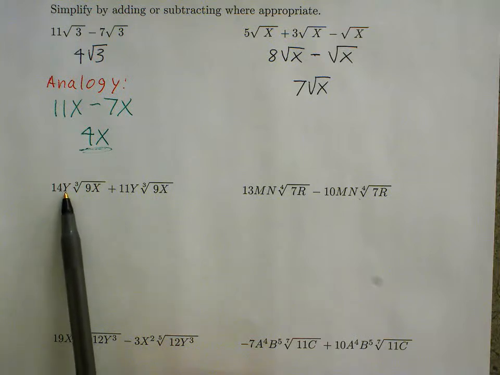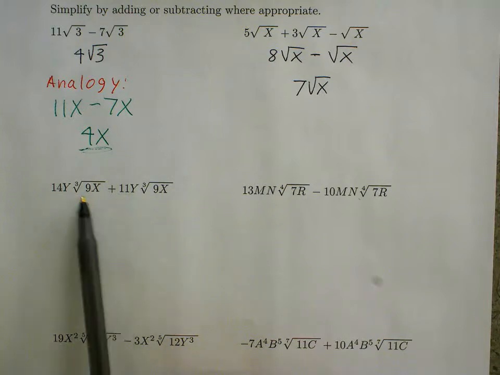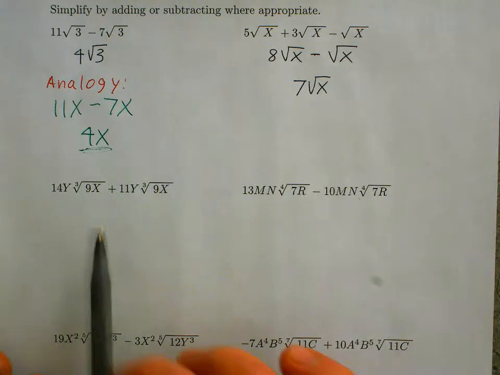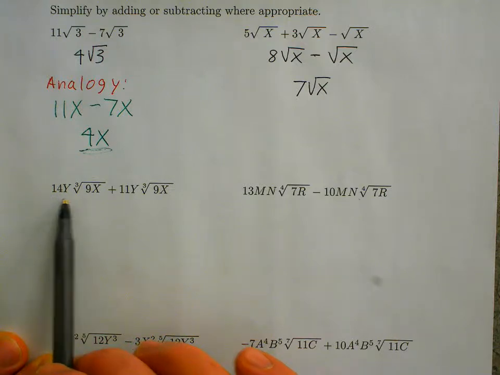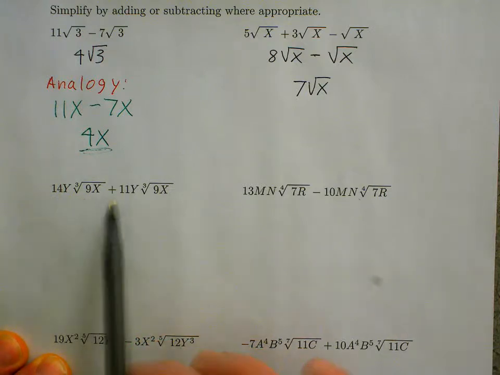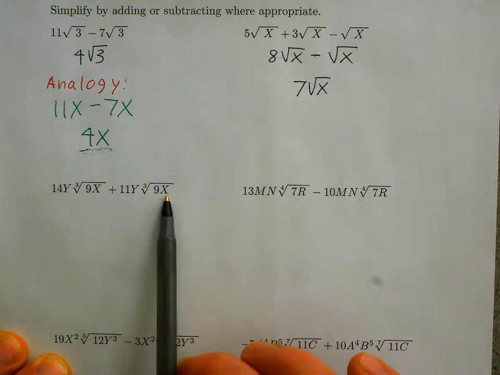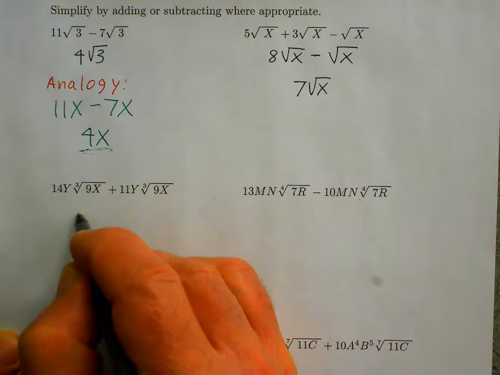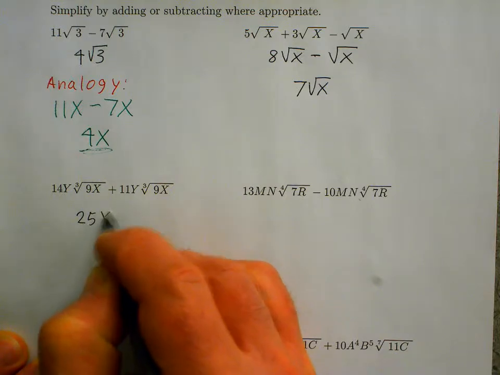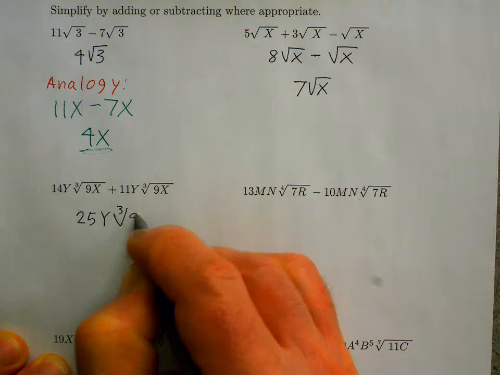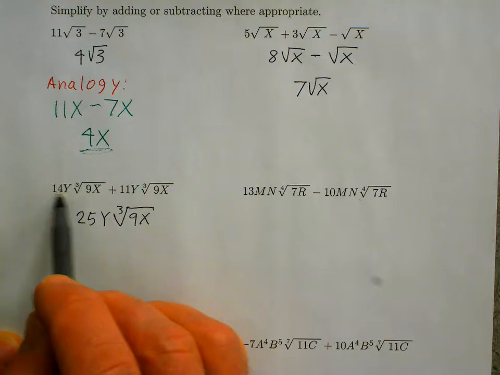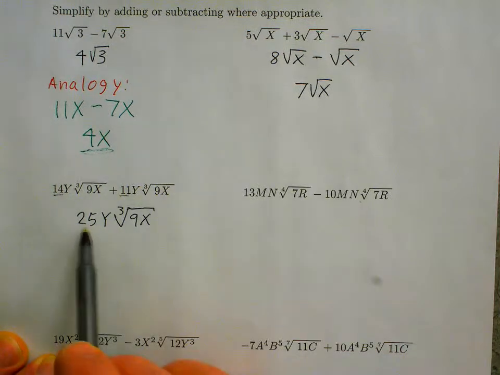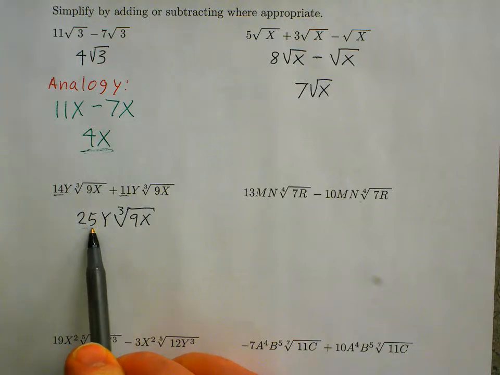There's a factor of y on the outside of each, and each one has a cubed root of 9x. So we can combine by adding: 14y times the cubed root of 9x plus 11y times the cubed root of 9x simplifies to 25y times the cubed root of 9x. So when we were adding, we just added the coefficients, 14 plus 11, to get the coefficient of the combined terms.